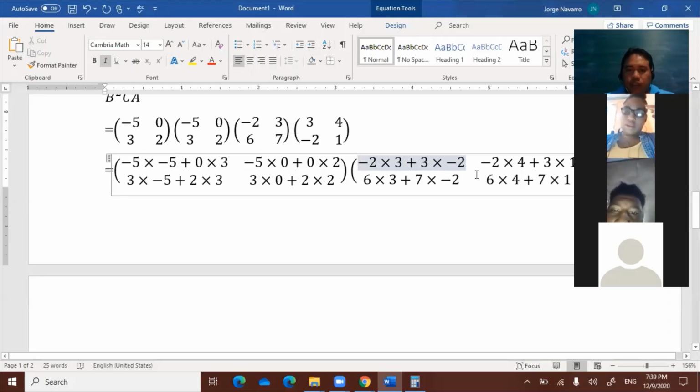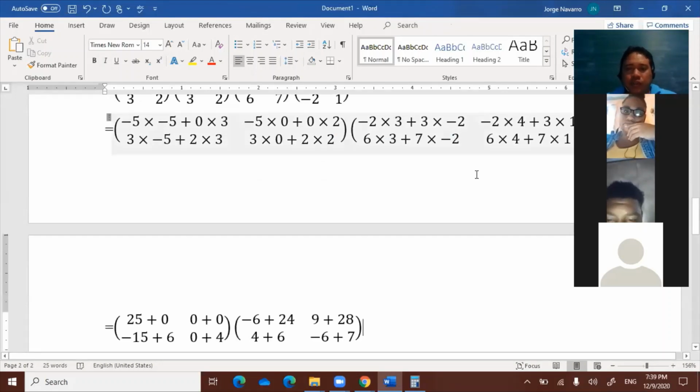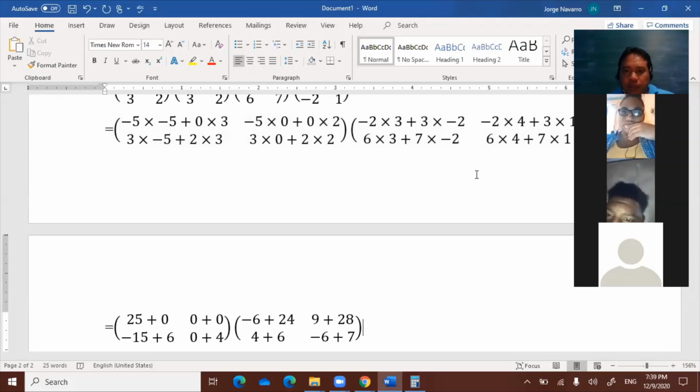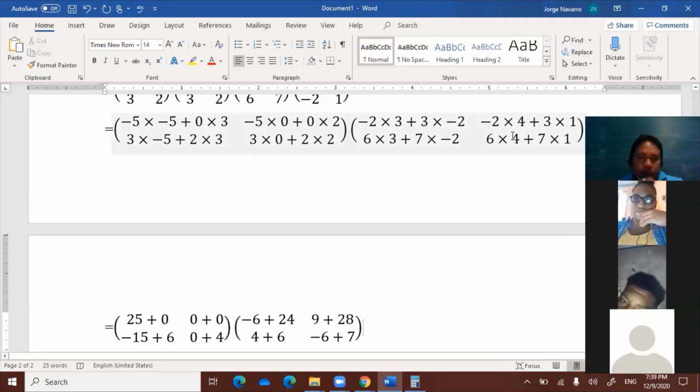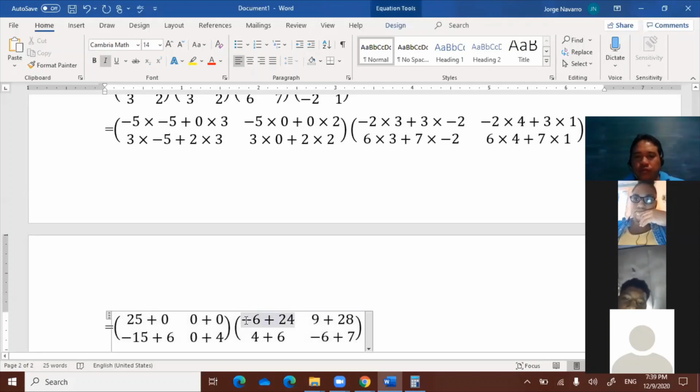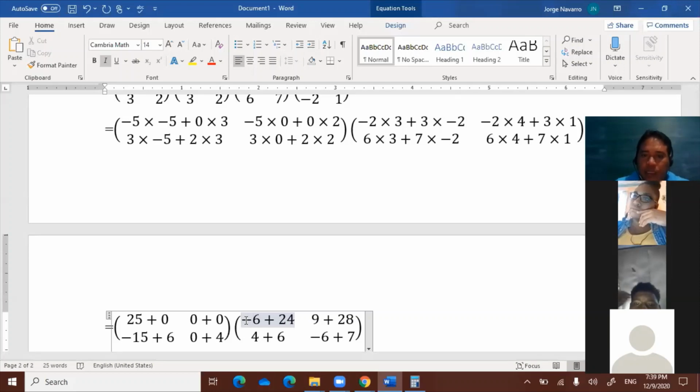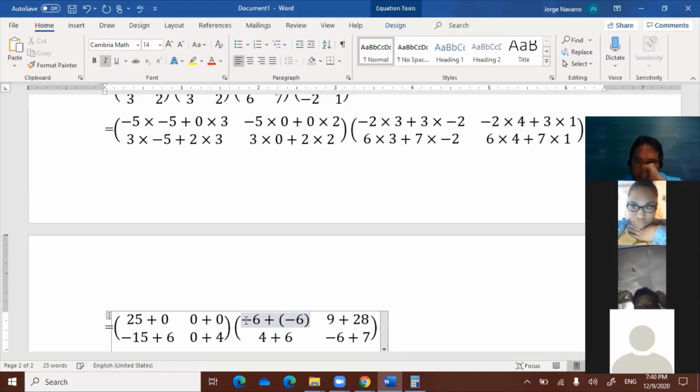All right, so we continue with the next one. Let me move this slightly. In the next one, the first one remains the same because that's the b squared. This one will change though, because the -6 will remain, but then it is plus a -6, plus -6.